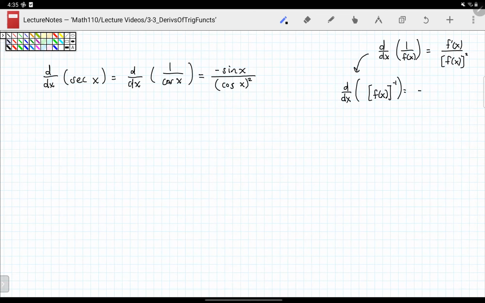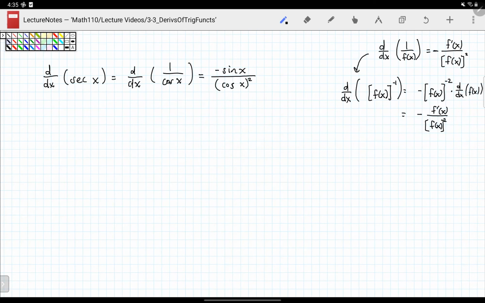So this is negative f of x to the negative second power times the derivative of f of x, which is negative, with f of x squared in the denominator, and the derivative of f of x is f prime of x. So I missed a negative sign in my remembering of my formula.